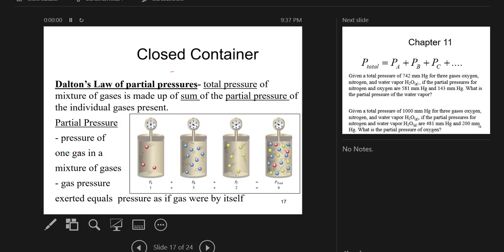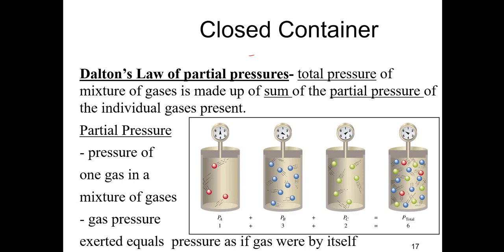Now this one's going to be really easy. This is called Dalton's Law. Essentially, we're going to have a closed container, and it's going to contain a mixture of gases. In short, Dalton's Law is the total pressure of a mixture of gases is equal to all of the individual gases.